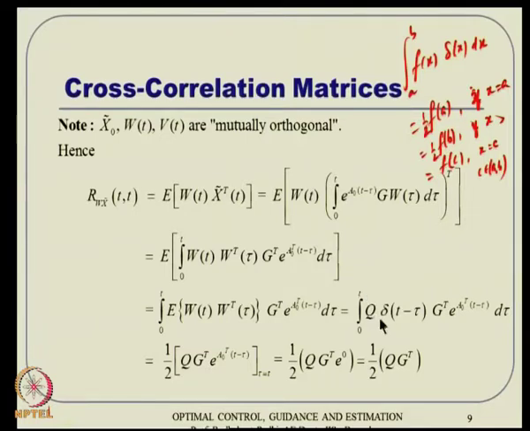So the entire function, whatever it is we are having, we can simply evaluate at t, but we have to make sure that there is a half term associated with it. Okay. So the half q g transpose e to the power a 0 transpose, and this is 0 basically, evaluated at tau equal to t. So this is e to the power 0, and e to the power 0 is identity. So that means we will end up with some value like this. Okay. I hope it is clear, because this is one of the understandings that we need to have.